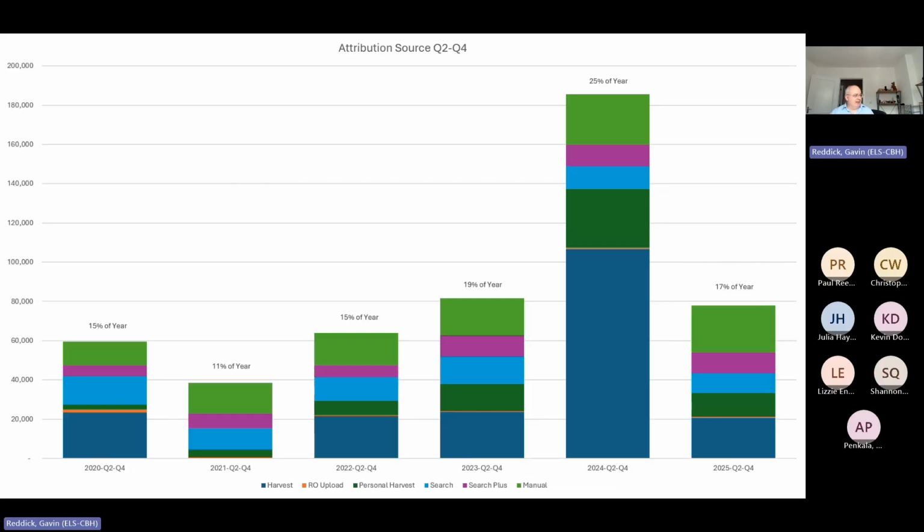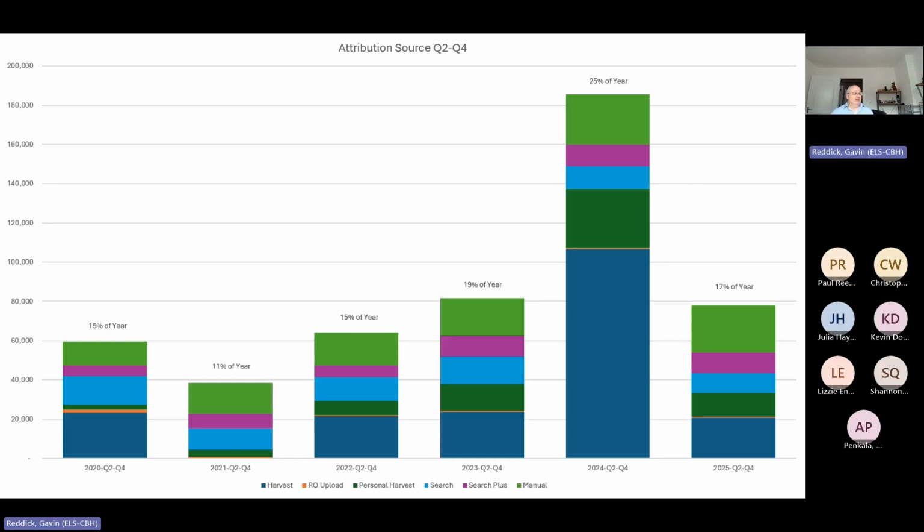If we look at Q2 through 4, you can see that generally speaking, those have been increasing in importance throughout the course of the year. So there's more activity going on outside of Q1, and you can see the percentage of the year reported there. In 2024, a quarter of all of the new attributions made were made in quarters 2 through 4.